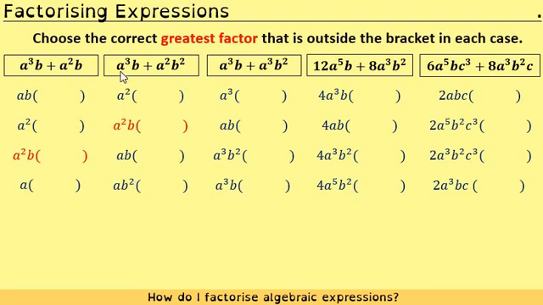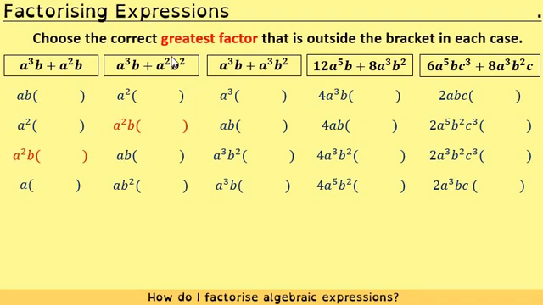Well, we need to think about the maximum possible a's we can take out and the maximum possible b's, and literally look at them one by one. If I look at my a's first of all, I've got a cubed and I've got a squared. So the maximum possible a's I can take out is a squared. And these two here have only taken out a. So they're immediately incorrect if we just consider the a's.